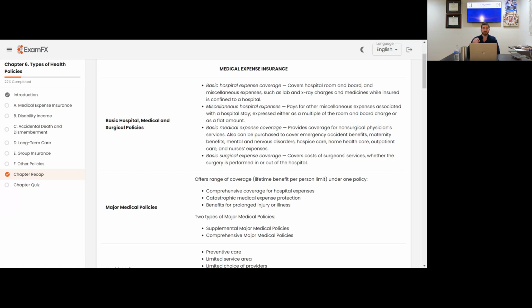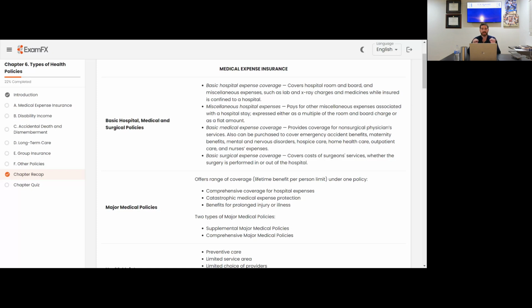So make sure that you understand the basic hospital expense coverage is really, if you're confined to a hospital, the basic coverage there as far as covering hospital room and board, the miscellaneous expenses, labs, x-rays, or medicines while you're in that hospital stay. Miscellaneous hospital coverage is going to cover a good portion of the things outside of that basic hospital expense coverage.